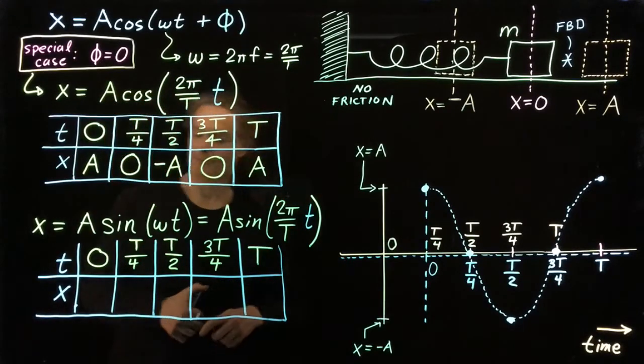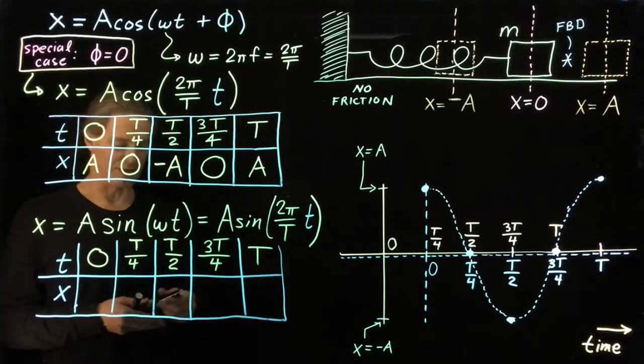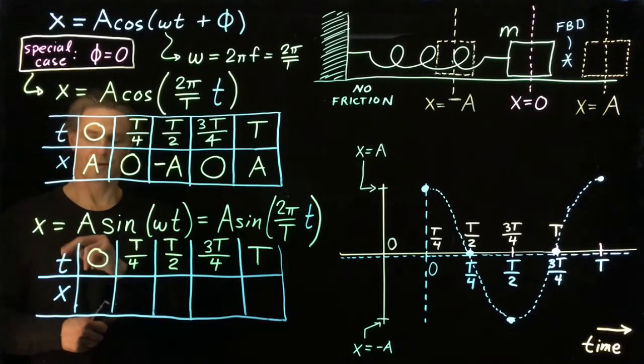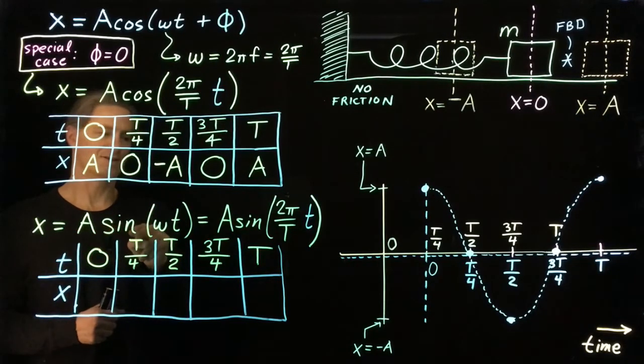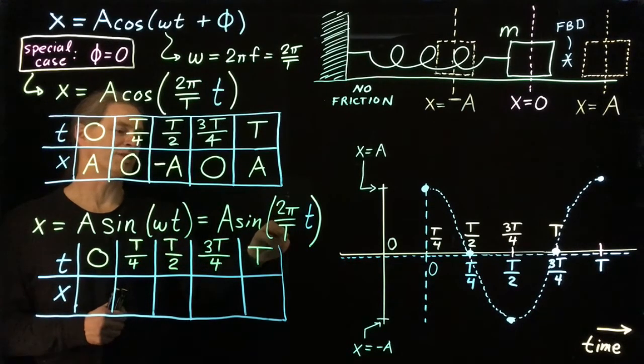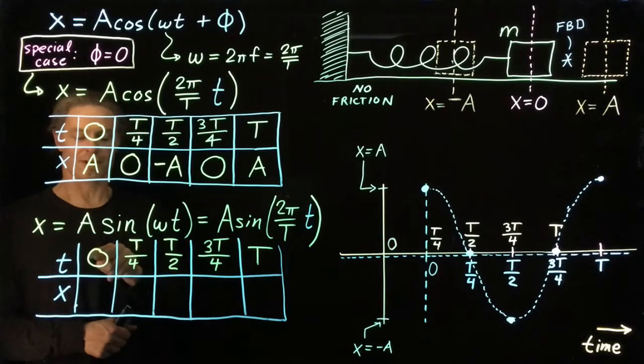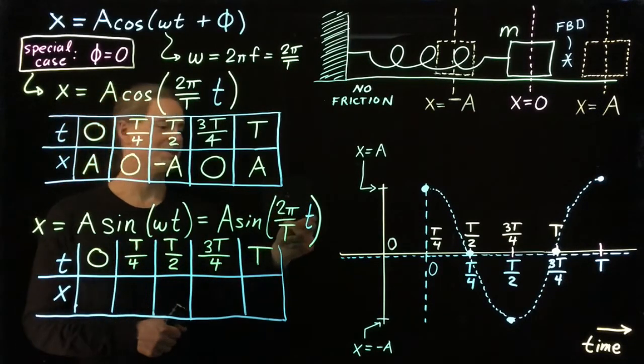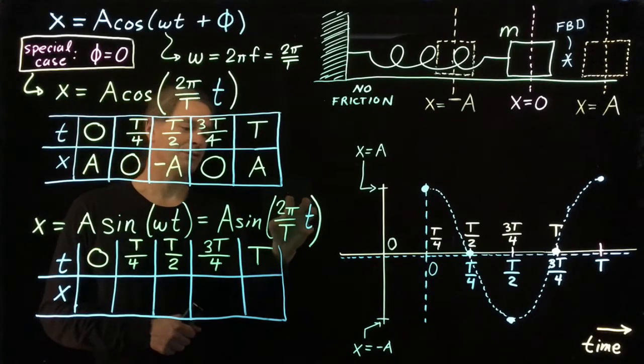OK. So first, let's figure this out. Then we'll plot the points. Looking at this function, x equals A sine omega t, or x equals A sine 2 pi over capital T times little t, little t for time. Plug in 0 for little t. I'd have 0 in the argument.